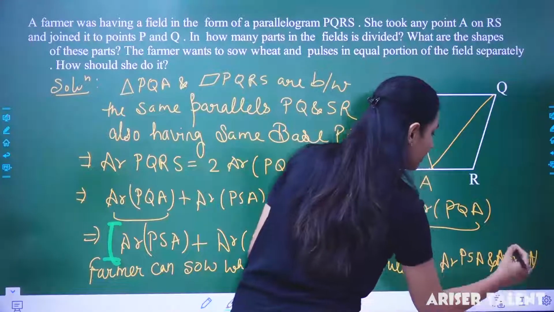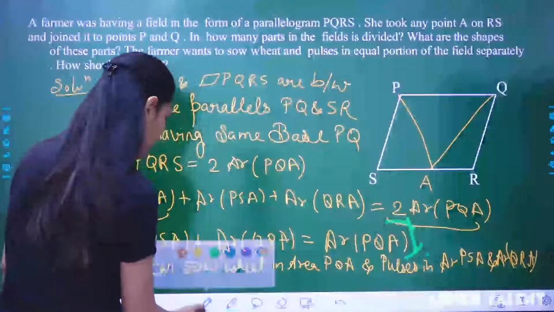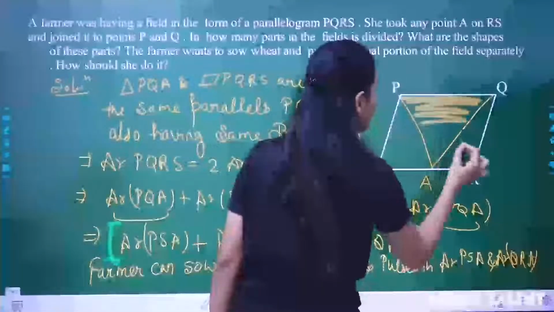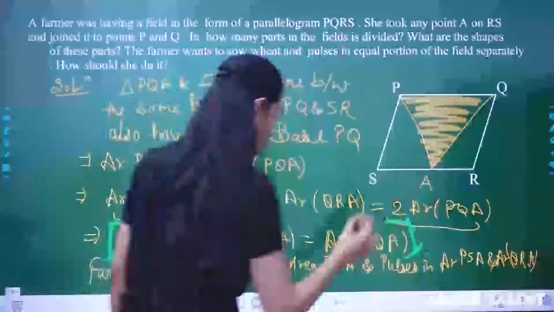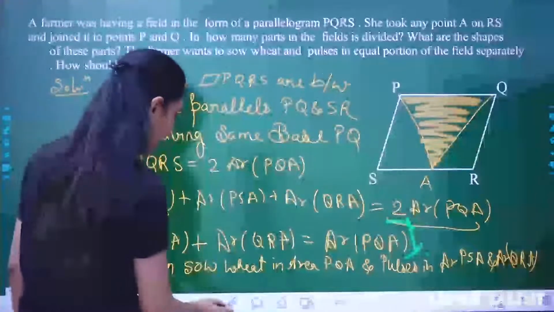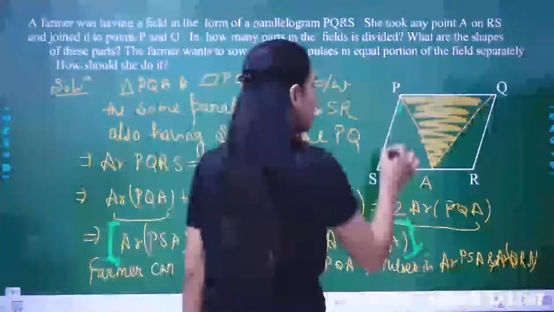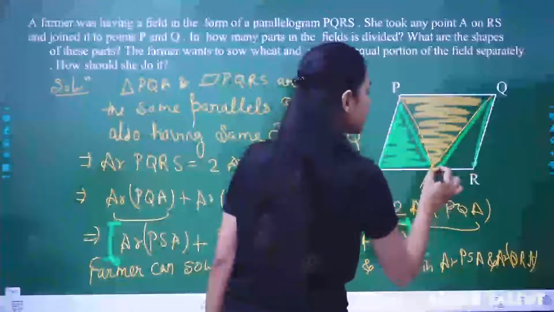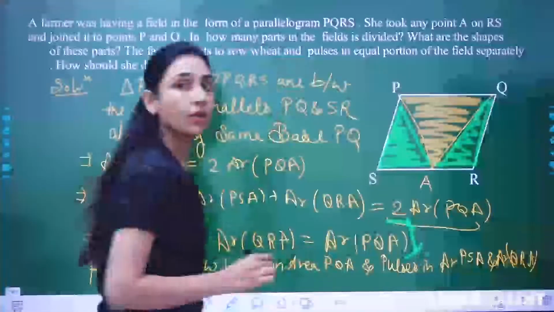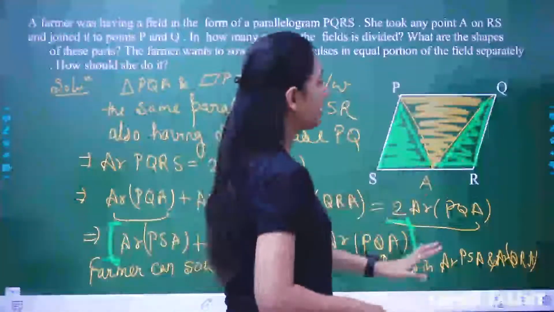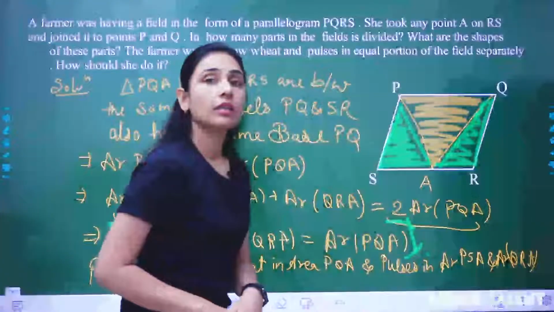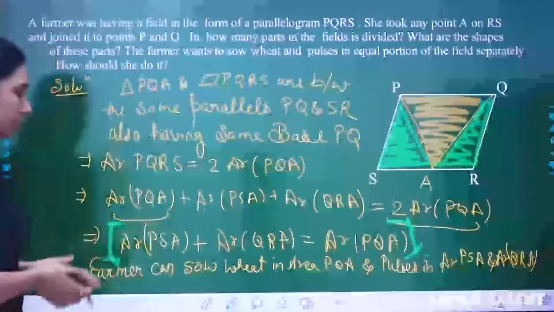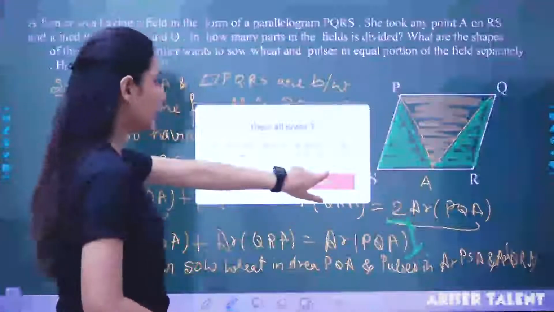So basically this will be the area of wheat grown, and these two areas will be of pulses. Now these two areas together are equal to this single area. This is how this question is solved. Now clear? Okay.